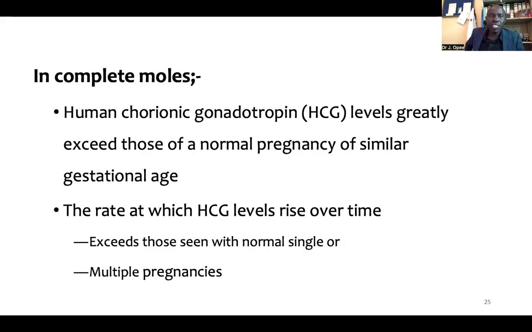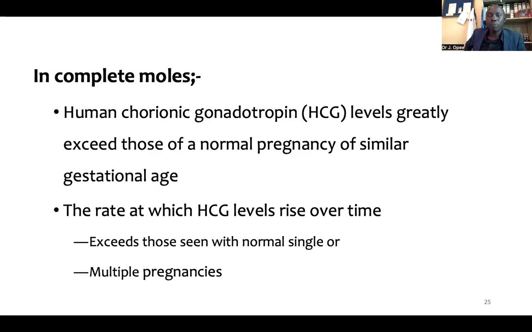There's something to note here: in complete moles, human chorionic gonadotropin levels greatly exceed those of normal pregnancy. Very key. So when you have serum human chorionic gonadotropin levels that exceed even normal pregnancies, and the rate at which the human chorionic gonadotropin rises over time may be abnormal. For example, every week, the levels of human chorionic gonadotropin should be doubling in pregnancy.